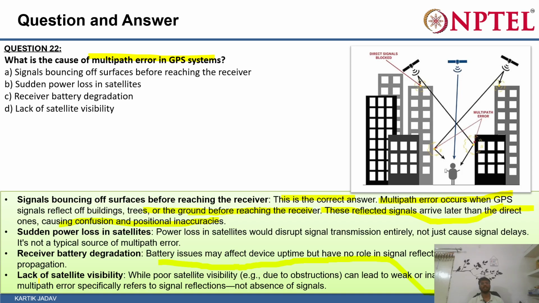And finally, lack of satellite visibility. While poor satellite visibility can lead to weak or inaccurate signals, multipath error specifically refers to signal reflections, not the absence of signals. So the correct answer is option A, that is signals bouncing off surfaces before they reach the receiver.